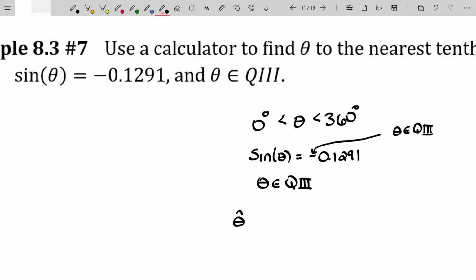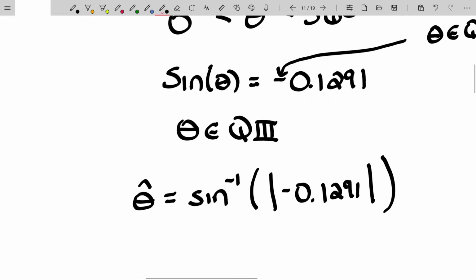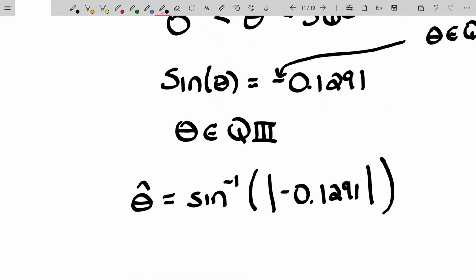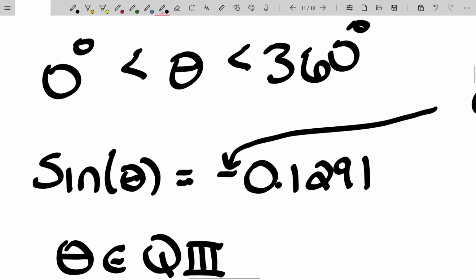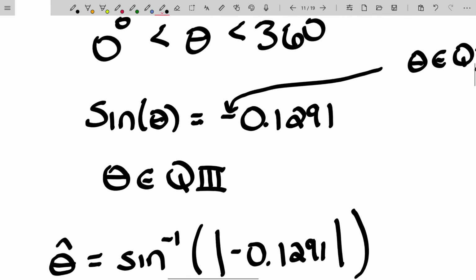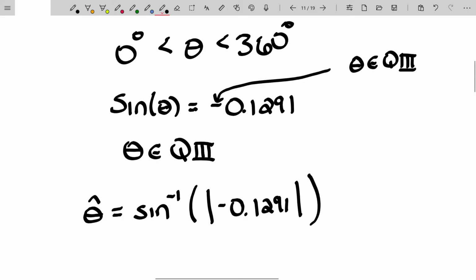The reference angle is going to be the sine inverse of the absolute value of negative 0.1291. Again, every time that I work with finding the reference angle, I do it not for that negative ratio, but for the positive version of that ratio, always.